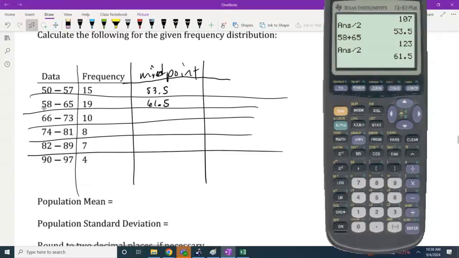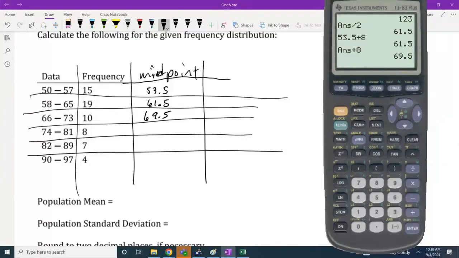So what would be the class width? 8, right? Because 58 minus 50 is 8. So I could just repeatedly add 8. Like 53.5 plus 8, that's going to give me 61.5. I can add 8 again, that's going to give me 69.5.